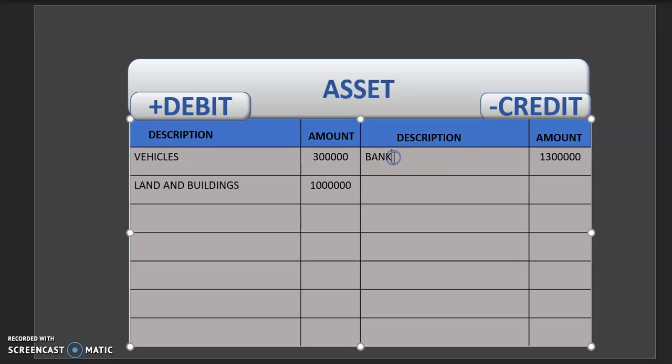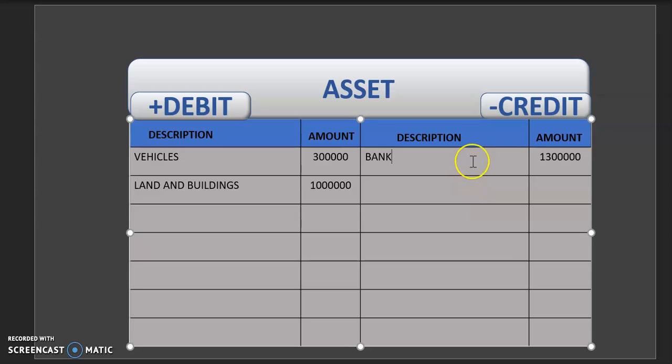Since our bank is an asset and the value of our asset decreased by 1.3 million, we are going to record that on our credit side because that is a negative transaction to our asset. Get what I'm saying? So these were positive transactions to our assets because they went from 0 to hero. But now this one is going from 2 million to 700,000 Rand, which is a negative transaction.